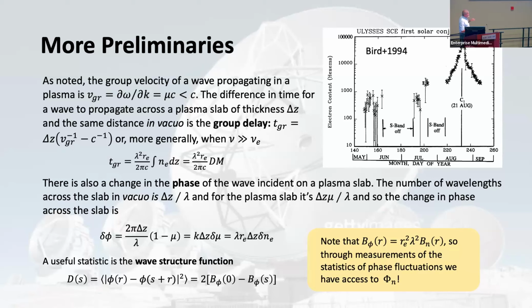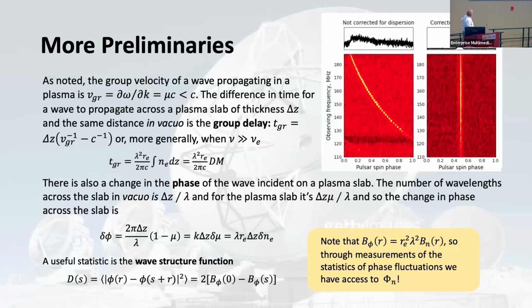Okay, and a useful statistic, as I'll show in a moment, characterizing phase statistics is the so-called wave structure function, which is given on the bottom here in terms of phase and the autocorrelation, two-point correlation functions. Oh, there's an example actually of a pulsar observed through the interstellar medium from high to low frequencies.